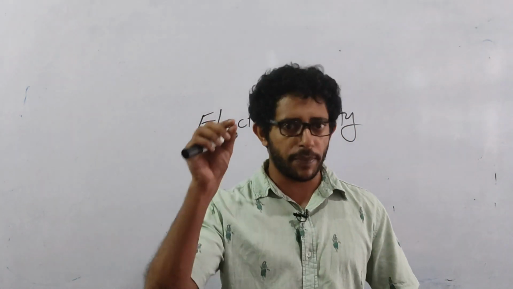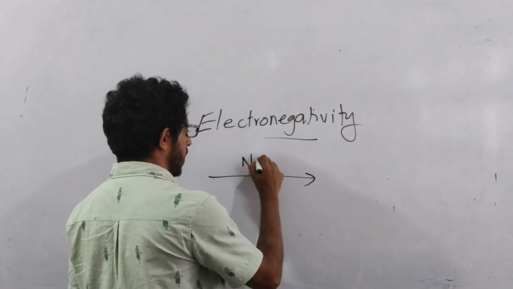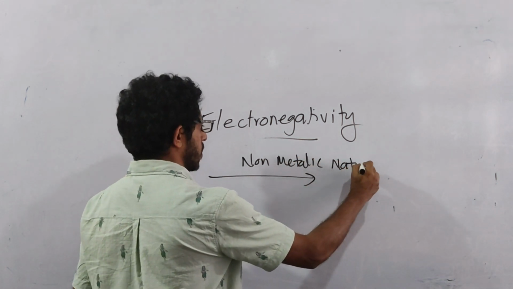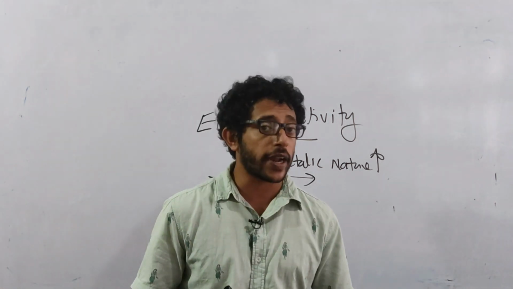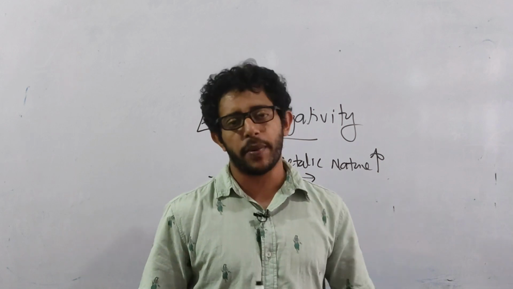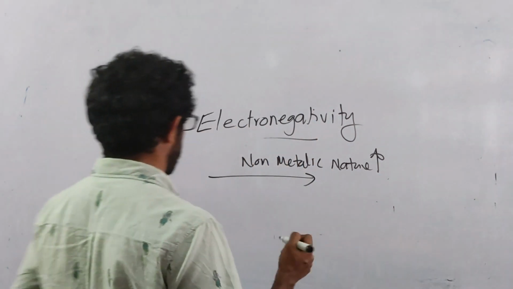When you talk about the periodic table, left to right of a period, we know that non-metallic nature increases. When the non-metallic nature increases, that makes the electronegativity increase as well. So generally, left to right of a period, electronegativity increases. Then what about top to bottom of a group?